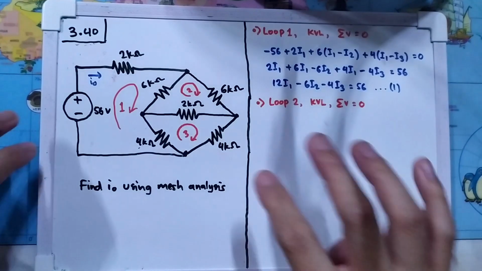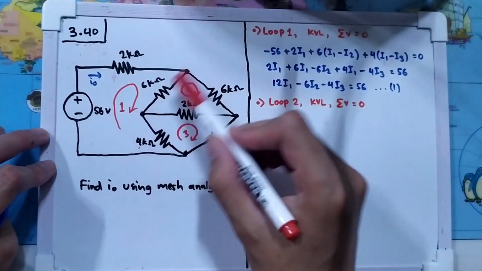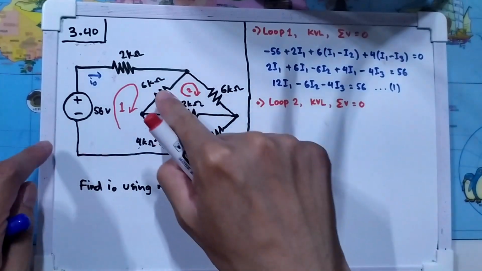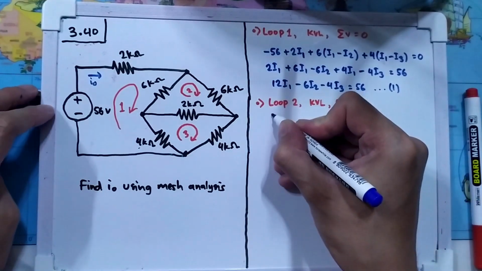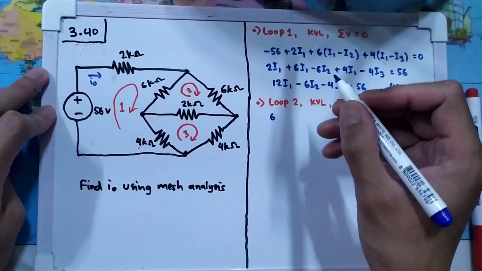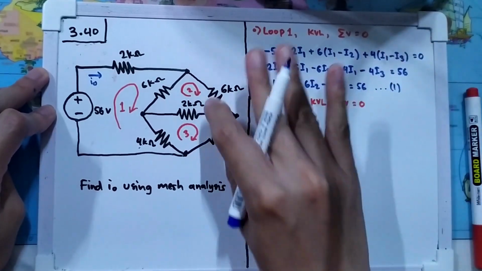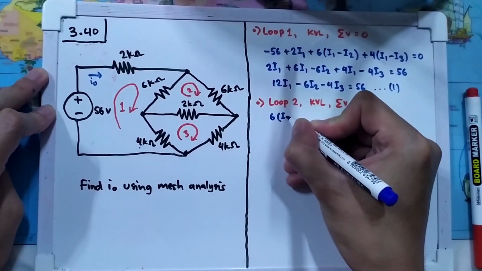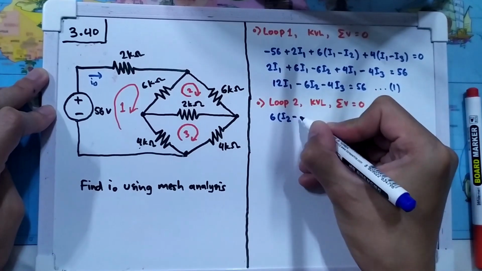And let's start using this resistance here. So it's 6 kilo ohm, but we need to convert it to the voltage, so we multiply it by the current, because it's loop 2, so we focus on this loop. So I2 comes first, and in the opposite direction is minus I1.